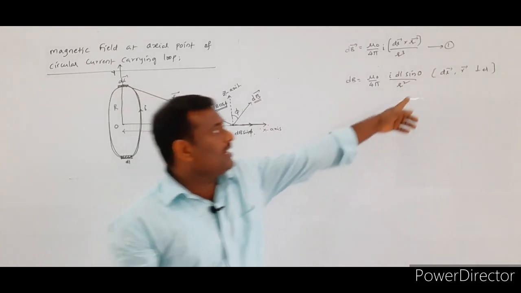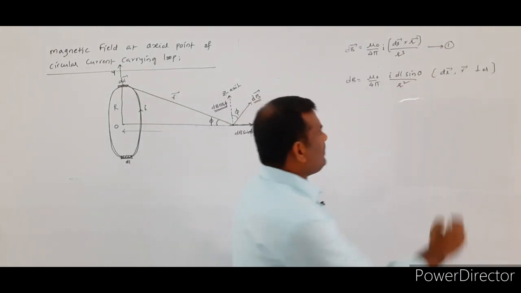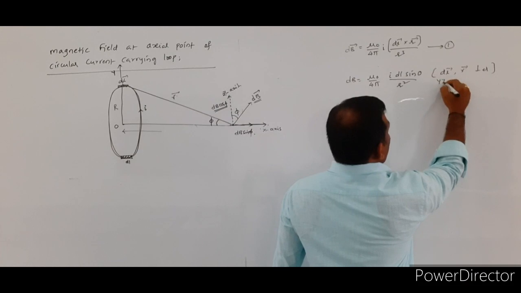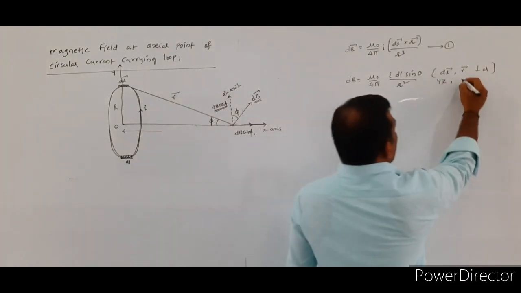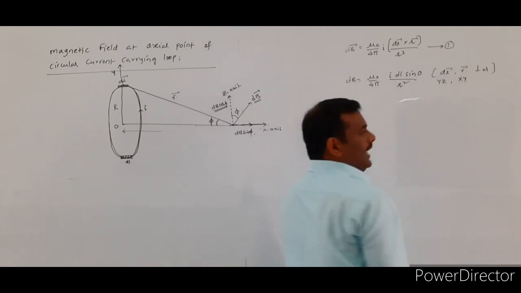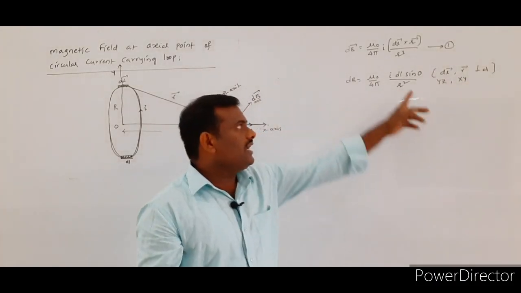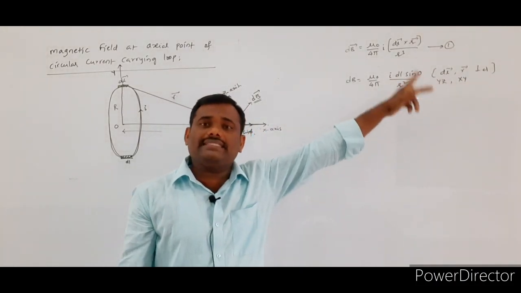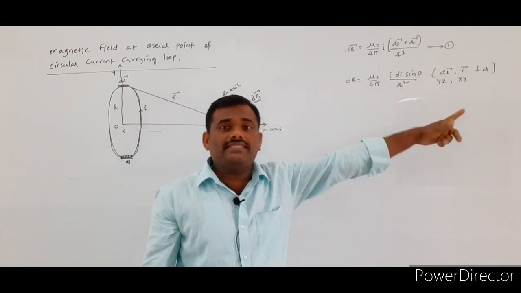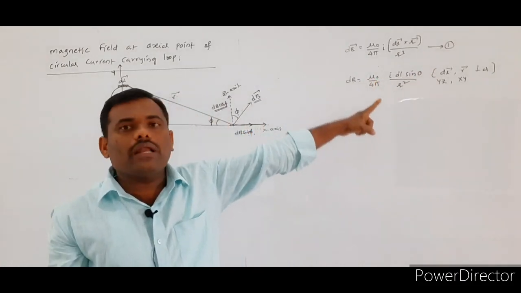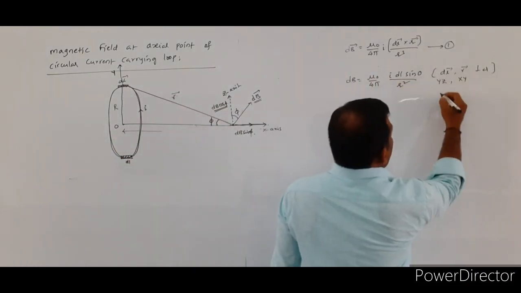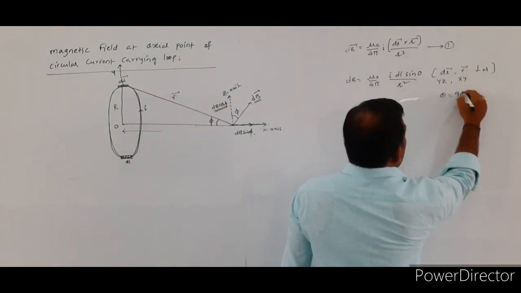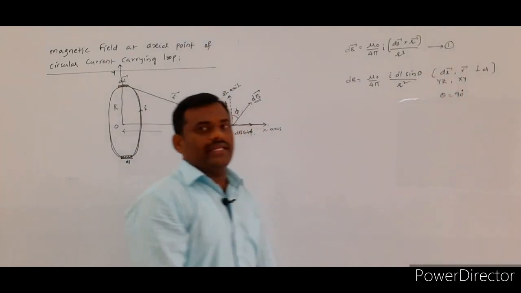Once again, here dl bar will be present in which plane? It is present in the yz plane, and r bar was present in the xy plane. That means two different vectors are placed in two different planes, and moreover those two are perpendicular to each other, so the angle between dl bar and r bar, theta, is equal to 90 degrees.